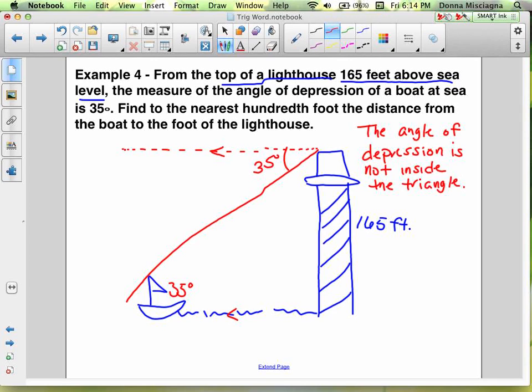Or you can find this angle over here. These two angles together equal 90 degrees. We'll call them angle 1 and angle 2. So angle 1 plus angle 2 equals 90 degrees. They are complementary angles.